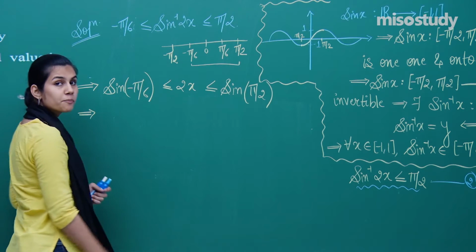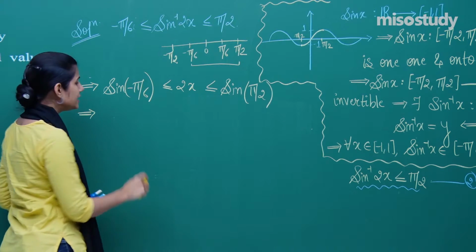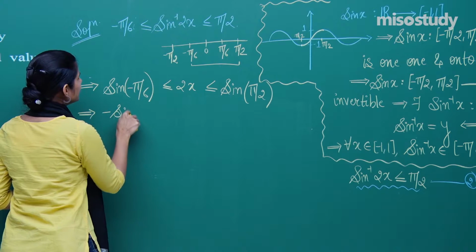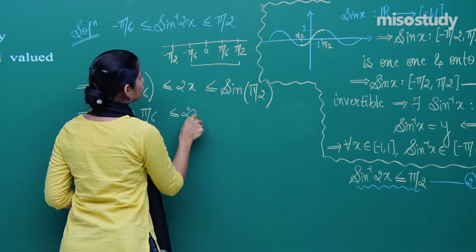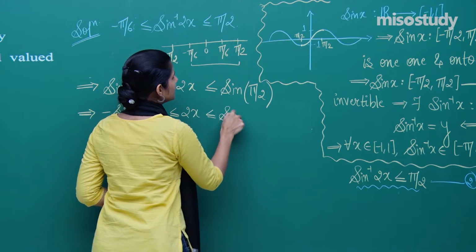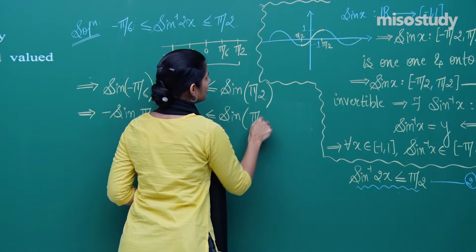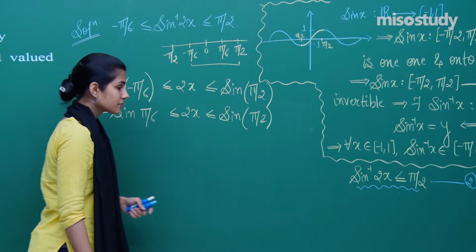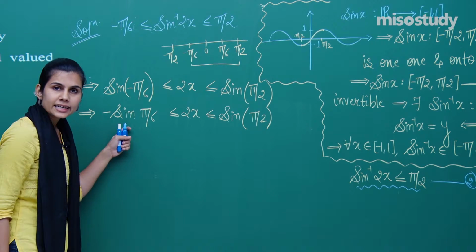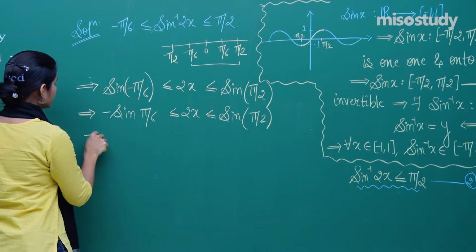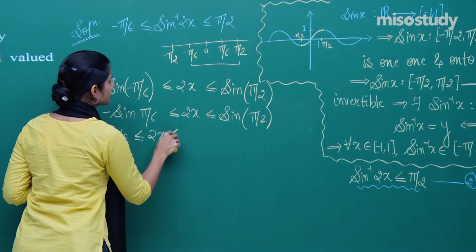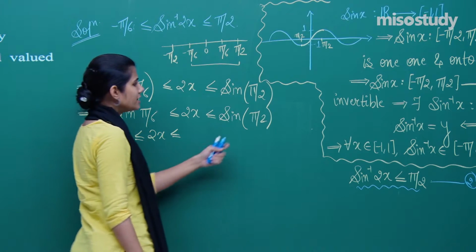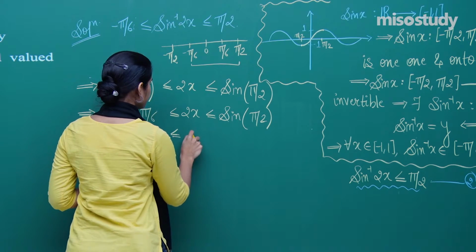And this means what? Well, sine of minus theta is minus sine theta. So we are left with minus sine pi by 6 is less than or equal to 2x is less than or equal to sine of pi by 2. Sine of 30 degrees is 1 by 2. So this happens to be minus 1 by 2 is less than or equal to 2x is less than or equal to, well, sine 90 is 1.